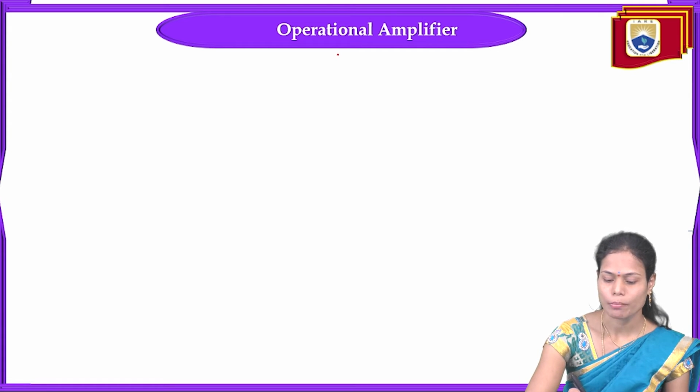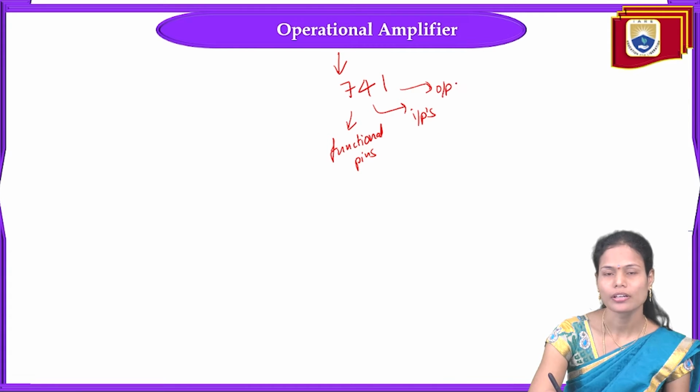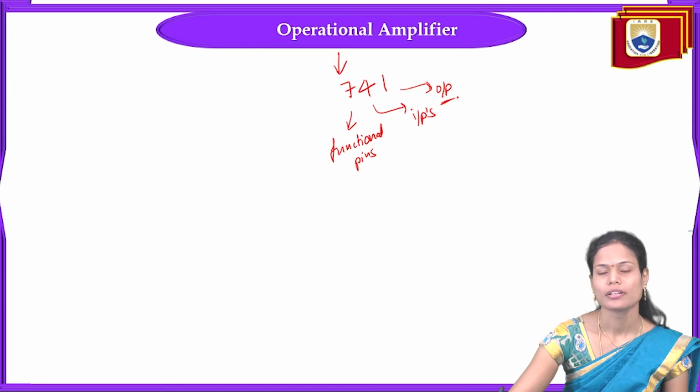The name of the operational amplifier IC is 741. It is named 741 because a total of 7 functional pins are available here. Among them, 4 are utilized for the inputs and 1 for measuring the output signal.